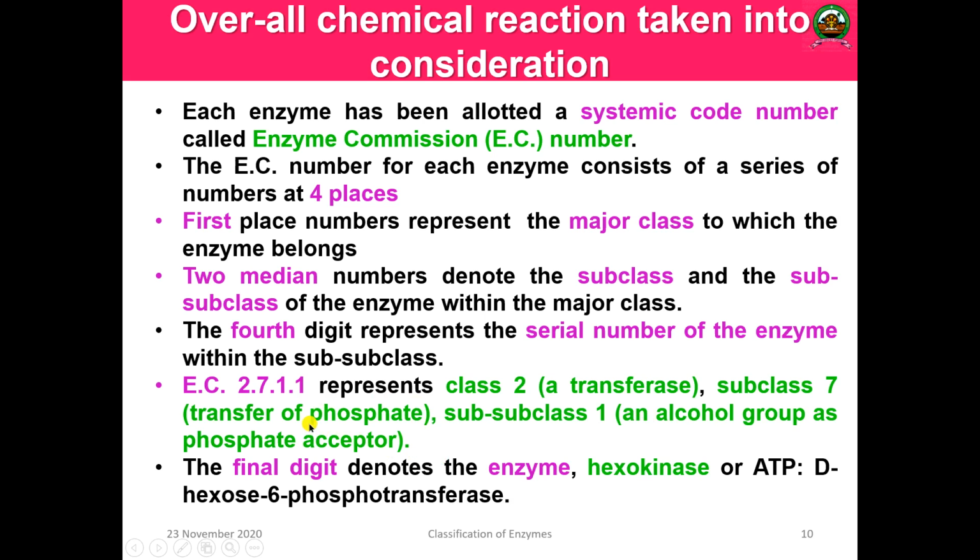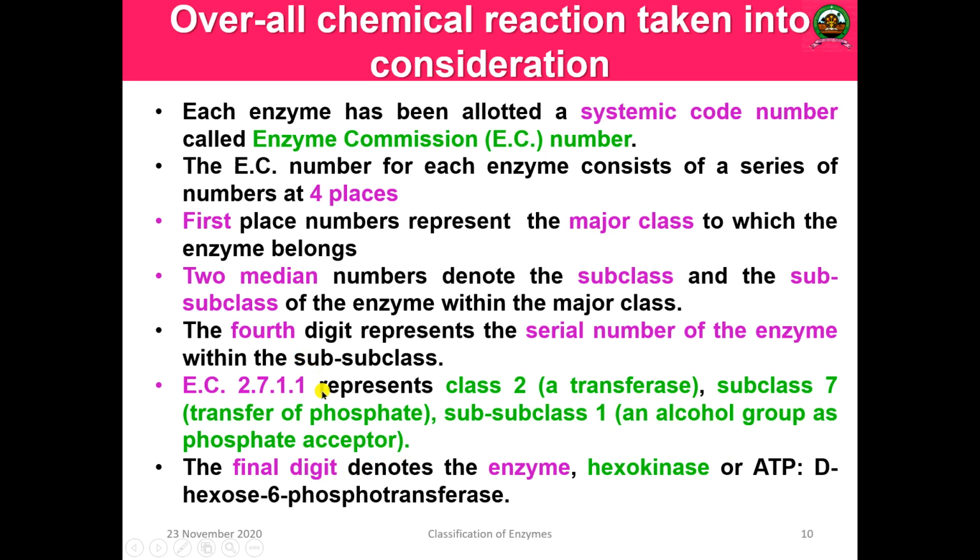And in that particular subclass there is one more subclass, that is 1, transferring phosphate where the phosphate acceptor is an alcohol group. They transfer the phosphate, that is why it is known as 7. And under that subclass 7, the phosphate acceptor is an alcohol group.